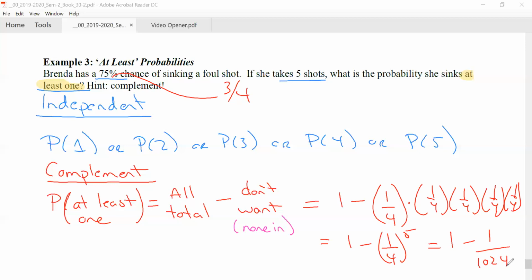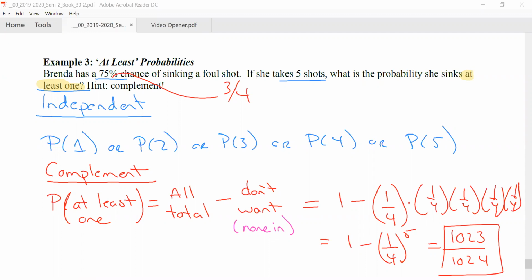I'm running a little bit out of room there, friends, so I'm just going to erase that. 1 minus that is 1023 over 1024. If you put that in your calculator and turn that into a decimal, that's going to be like 99%.